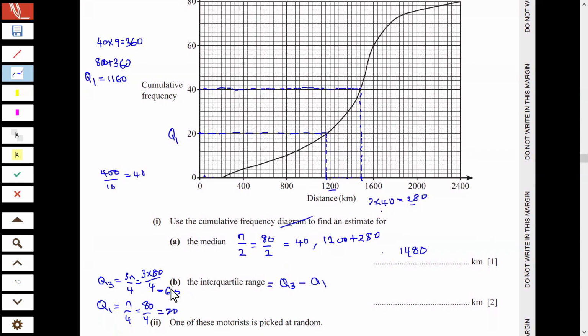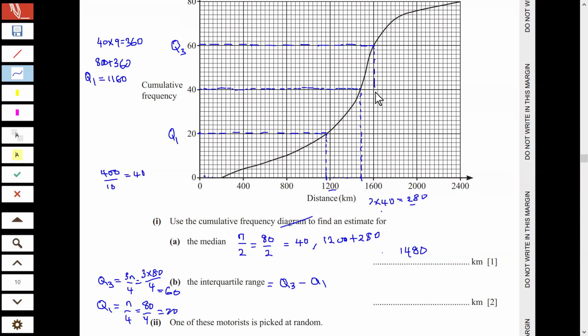Sorry, Q3 is 60. So I'm going to try to locate the upper quartile, which is 60 here, on the graph. So we've got Q3. So trace it to the curve from here. We can just gradually trace this to the curve until it gets to the point of intersection, and then trace it down to the x-axis to find the exact distance.